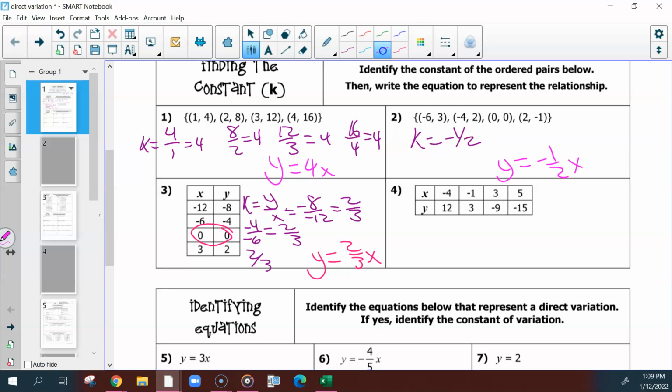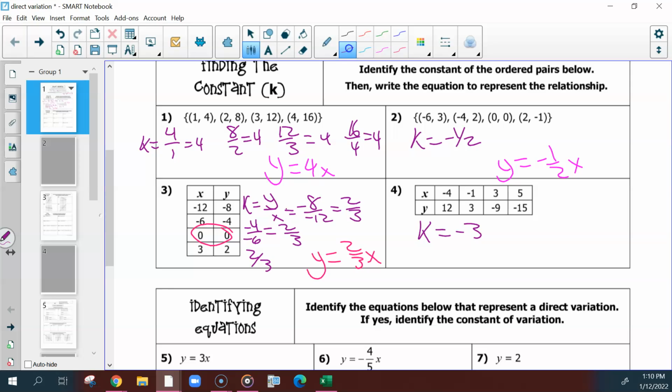What was our k value for number 4? -3. You could divide each of these, so -15 by 5 is -3, -9 by 3 is -3, and continue on.